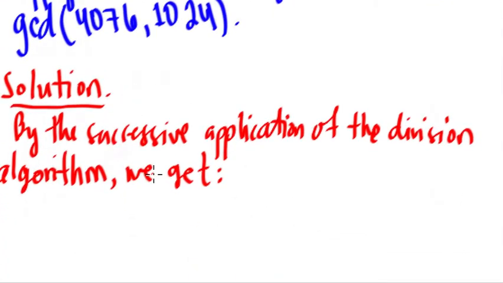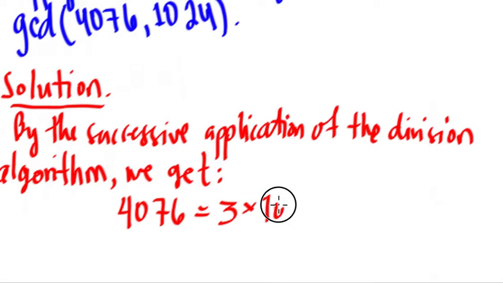Again, let's put it there. We get that 4076. How many 1024 are there in 4076? Obviously, we cannot reach 4 because that will be 4000. It's more than 90. So that's only 3. 3 times 1024. What will be our remainder? You can pause the video to get that. But actually, it's 1004.